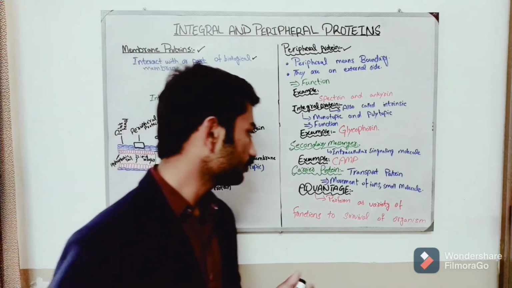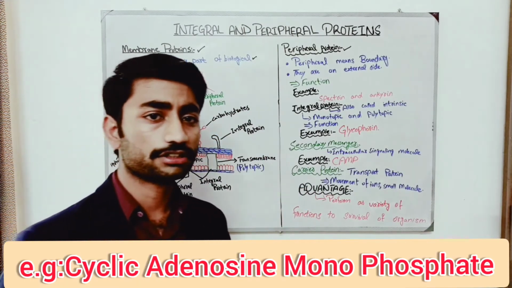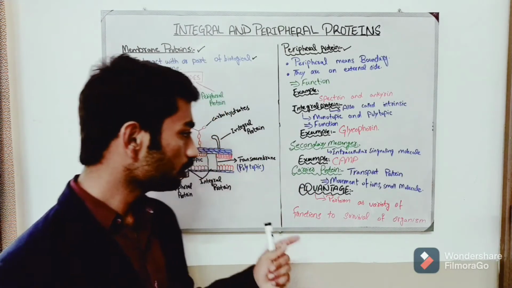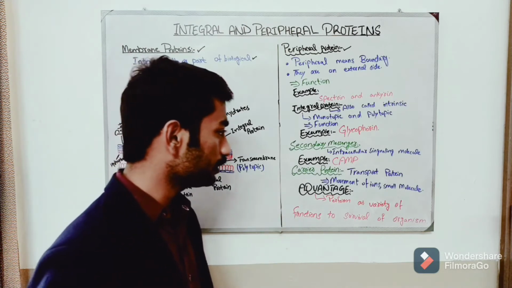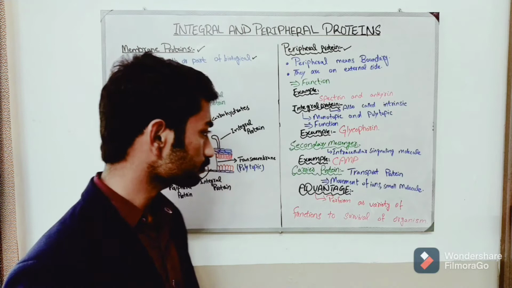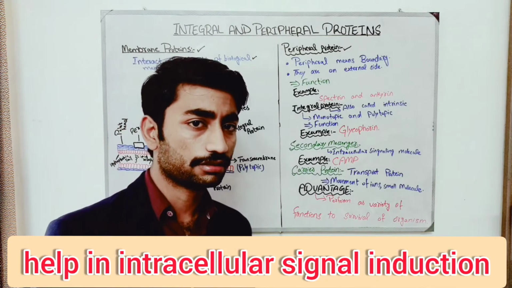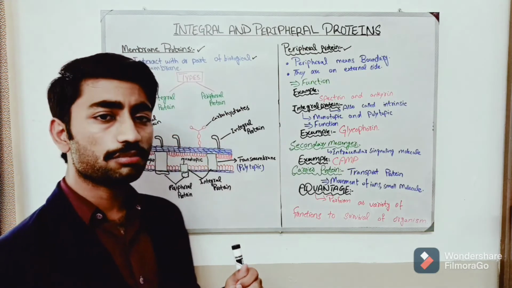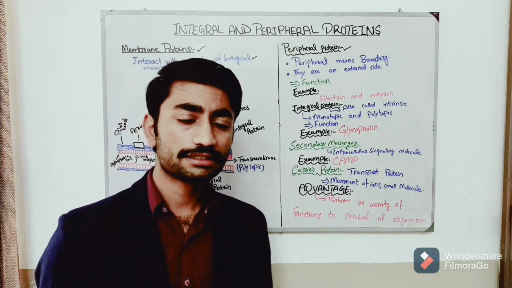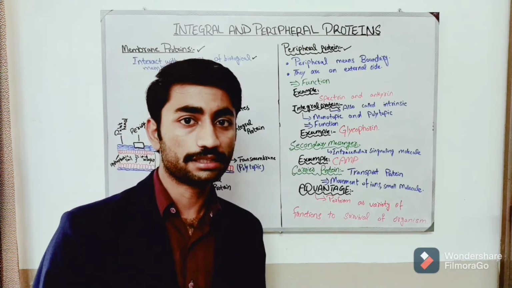The example of secondary messenger is cyclic adenosine monophosphate. Cyclic adenosine monophosphate is important in many biological processes. They also help in intracellular signal induction. Cyclic adenosine monophosphate is synthesized by ATP, adenosine triphosphate, by enzymes.